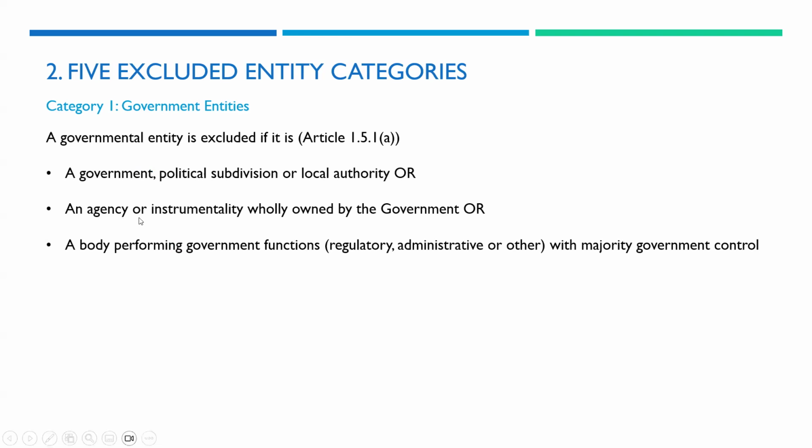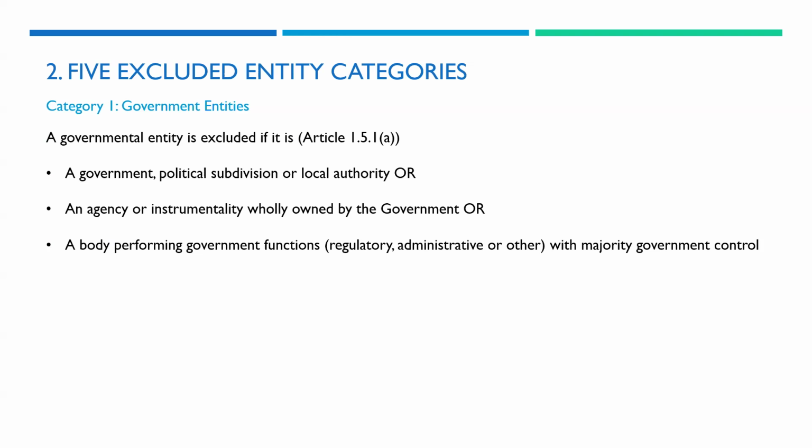So, if there are situations like this, if it's a government, state government or local government or political subdivision or local authority or an agency or instrumentality wholly owned by the government, or a body, which basically could be a body corporate also, performing government functions, regulatory, administrative, other, with majority government control, then these entities are excluded.